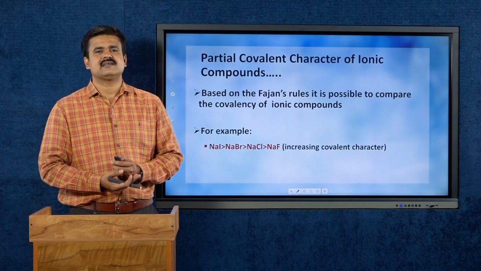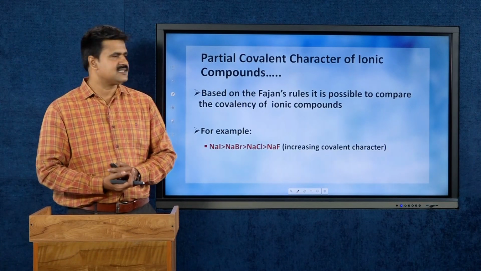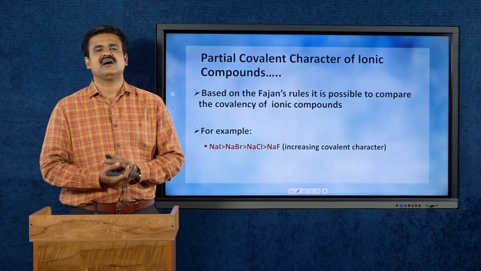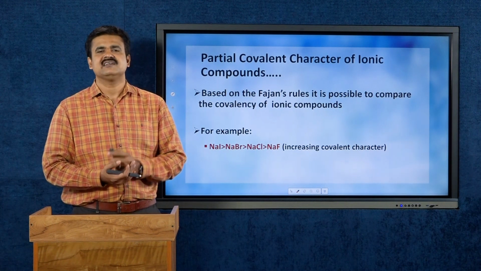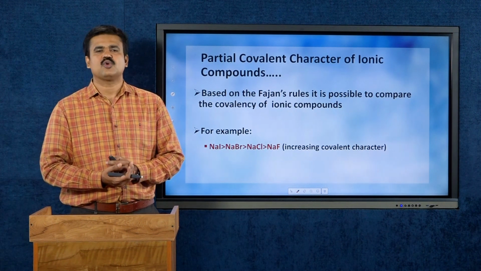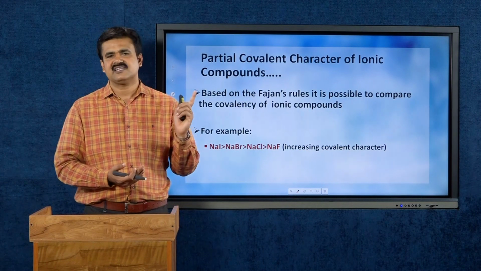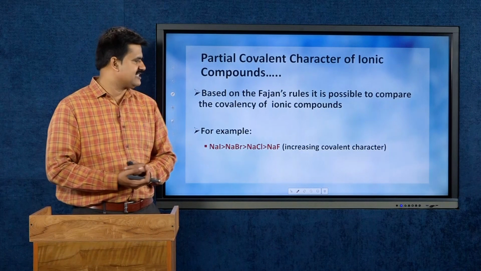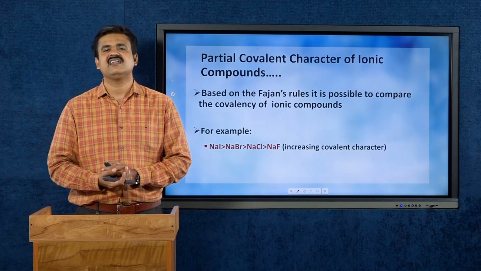Now, let us take some compounds as examples. For instance, we are taking the alkali metal sodium and halogen compounds, that is sodium chloride, sodium fluoride, sodium iodide, etc. Here you have 4 compounds, and their increasing covalent character is in the order NaI > NaBr > NaCl > NaF.